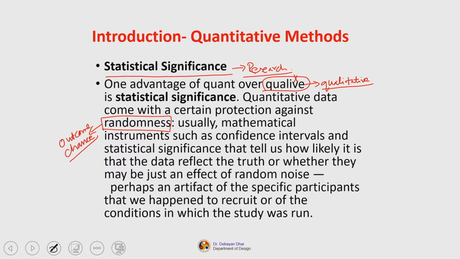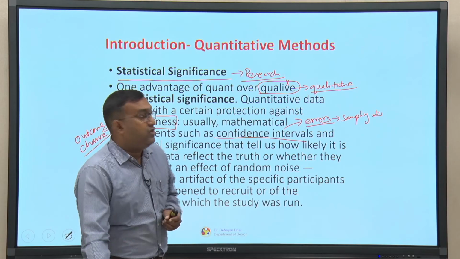And usually mathematical instruments such as confidence intervals are highly influenced by errors in sampling, etc., and other types of errors. This influences a lot, and statistical significance tells us how likely it is that the data reflect the truth, or whether they may be just an effect of random noise.